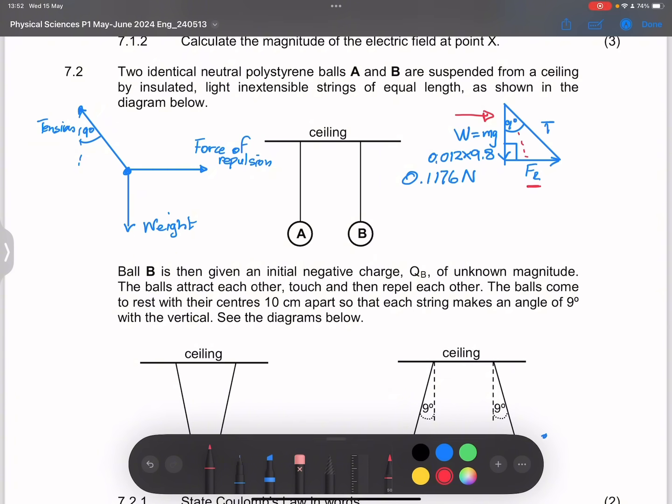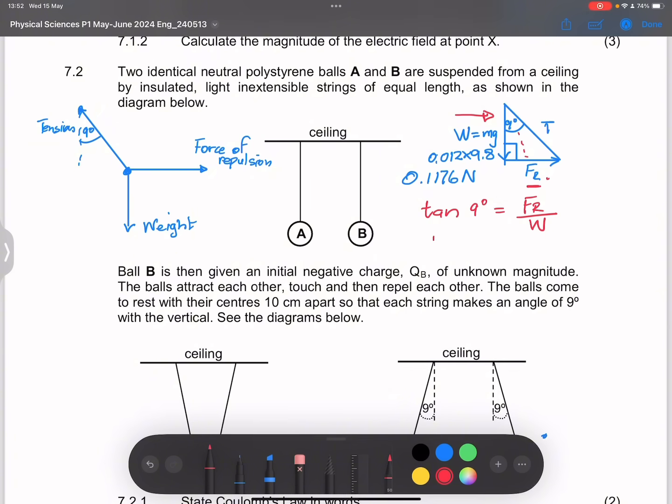So in that case, in order for me to find Fr, I can say, well, the tan of 9 degrees would be equal to Fr opposite over the adjacent. Okay, so remember that's opposite, which was Fr, and the adjacent side is the weight.